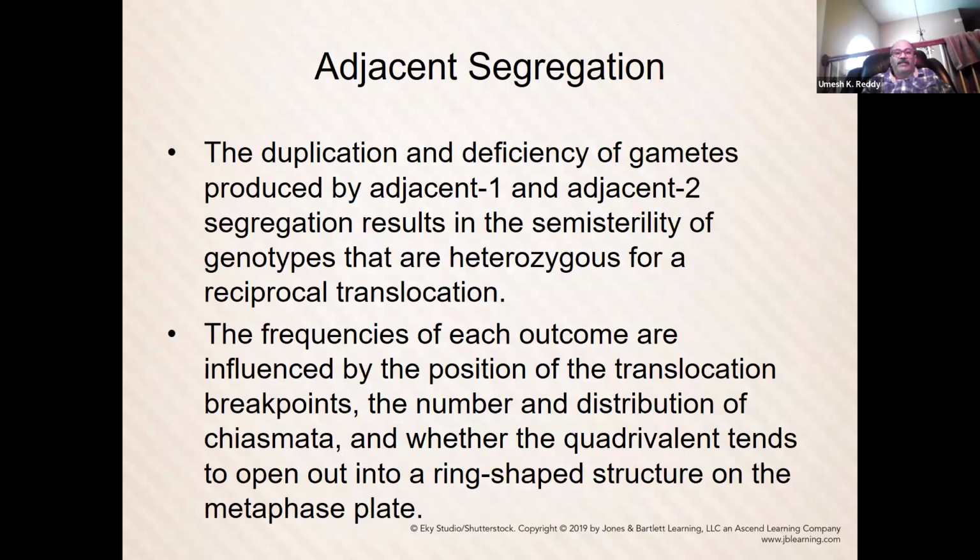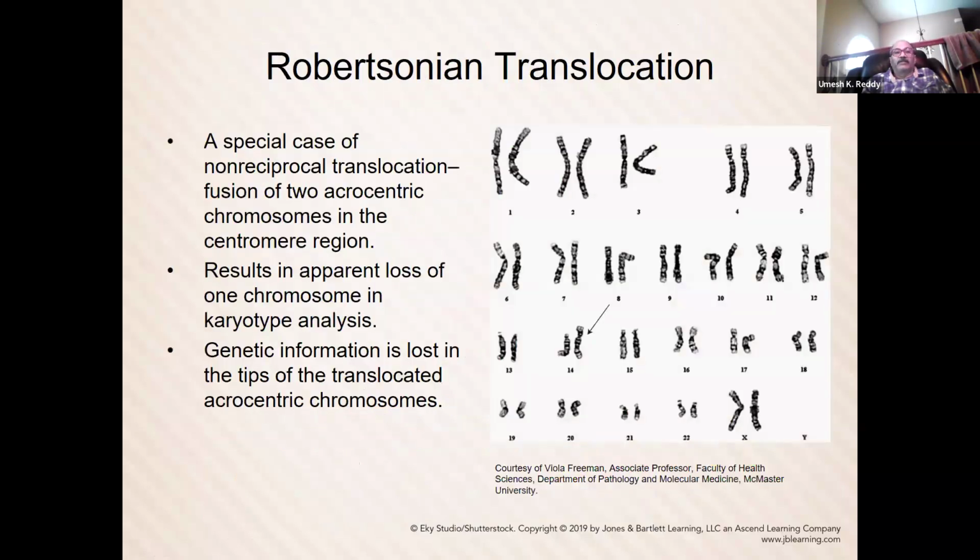So that is the adjacent, and we discussed Robertsonian translocation, where chromosome 14 and chromosome 21 join. Here is chromosome 14, the other chromosome is small. And why is this chromosome long? Because 21 joined here. 21 can piggyback here.